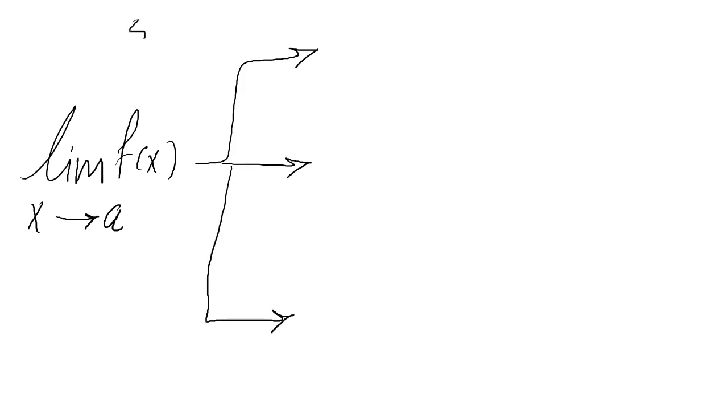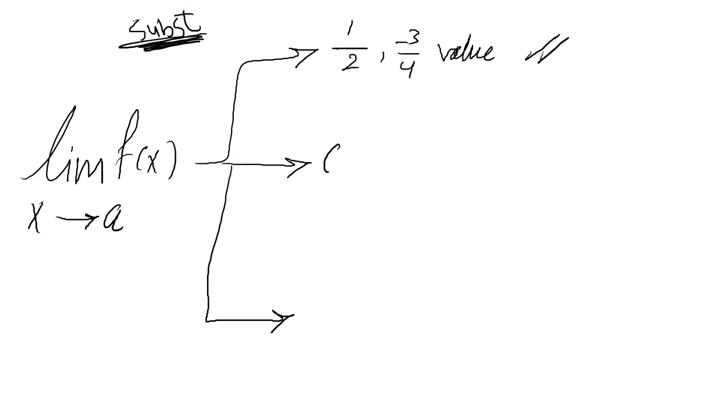After substitution, so you start with the first step, substitution. If it gives you 1 over 2, 3 over 4, negative 3 over 4, a value, this value belongs to the rational or real values, so you figure out the answer. If it gives you 0, or 0 over 7, or 0 over negative 2, or whatever, 0 is a value.